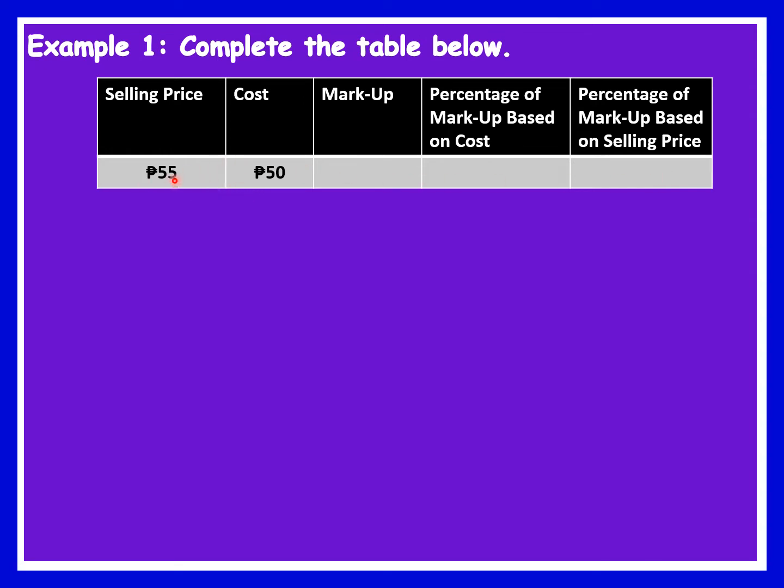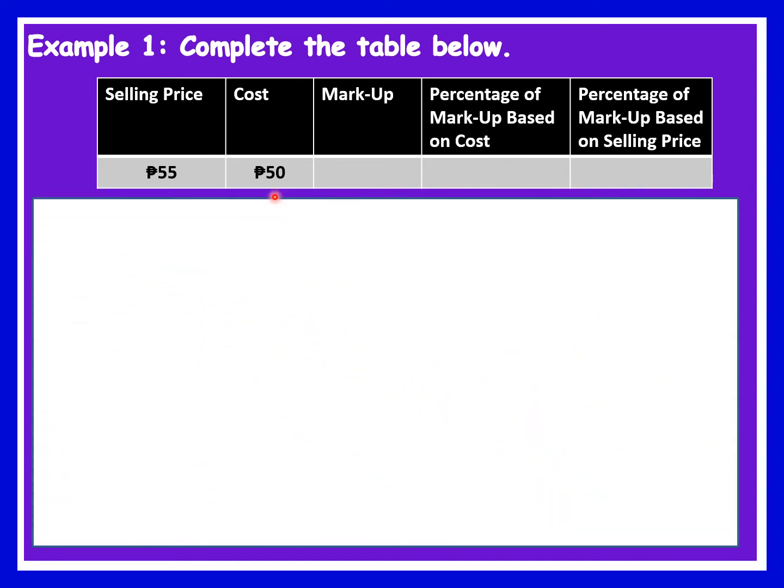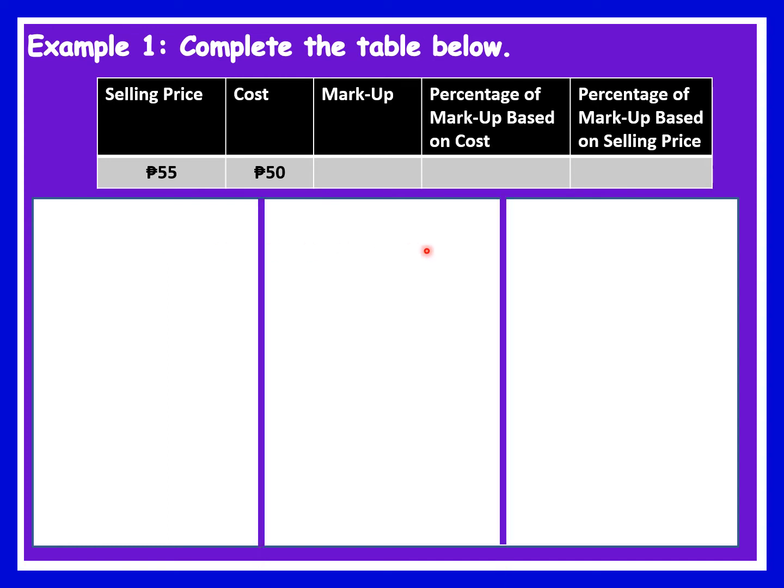Okay, so to solve for the markup, let me put first the paper for our working area, and then let me divide it into 3. For the markup, percentage of markup based on cost, and percentage of markup based on selling price. So let us work on this part.